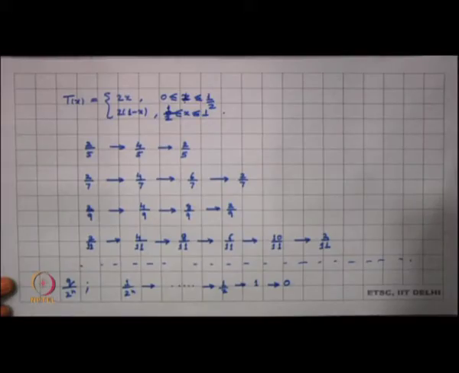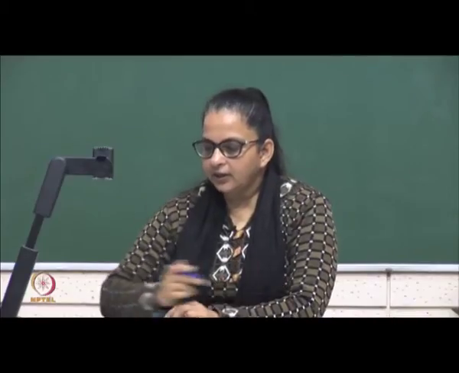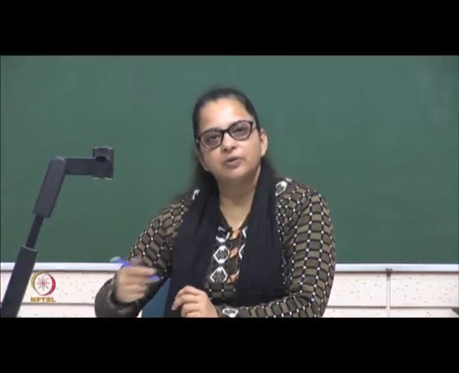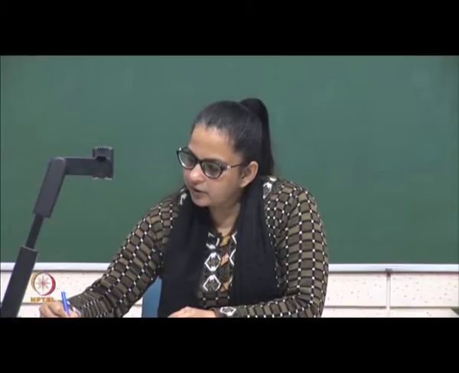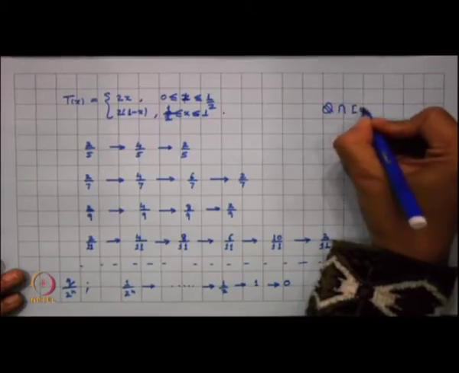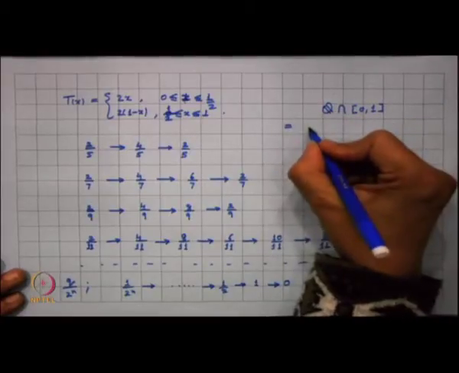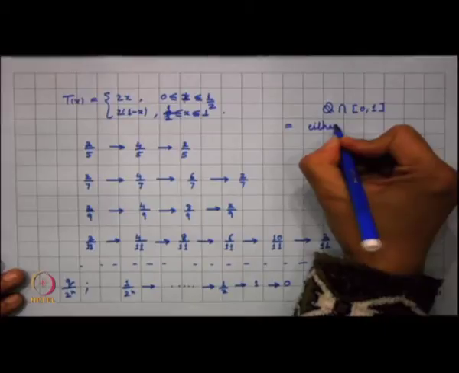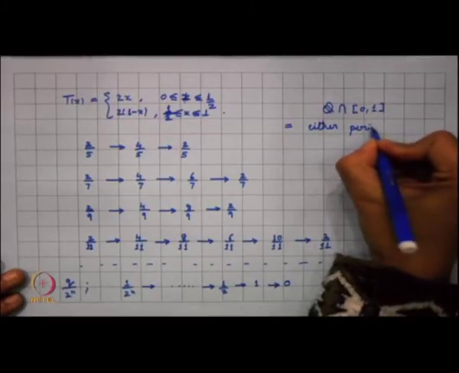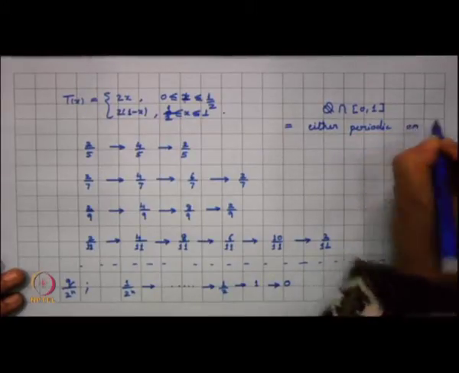The dyadic ones are definitely there. So a very nice elementary observation about the tent map is that all these rationals, if I take Q intersection 0 1, are either periodic or eventually periodic.